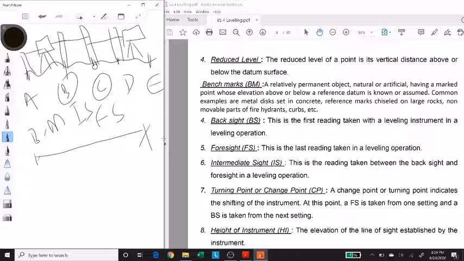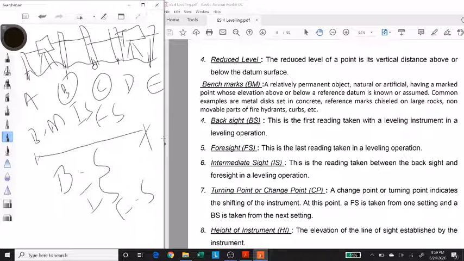Now, this reading at the point C will now become my backsight. And then the reading at the point D will be intersight. And the reading at the last point E will be foresight. Now, this point C is called as the change point because I am taking two readings at this point, one foresight and one backsight.